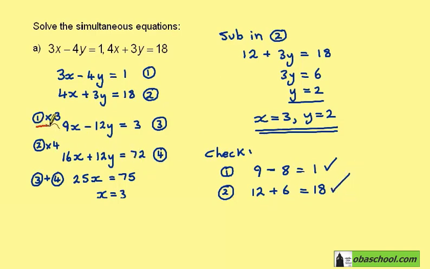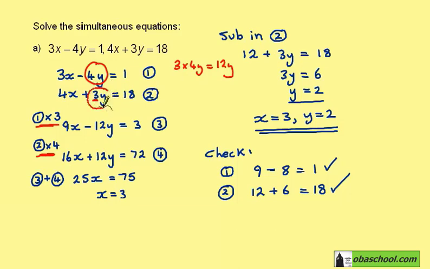So why did we decide to multiply 1 by 3 and 2 by 4? We can see in equation 1 that we had 4 y's. In equation 2 we had 3 y's, and we know that 3 times 4y would give us 12y.